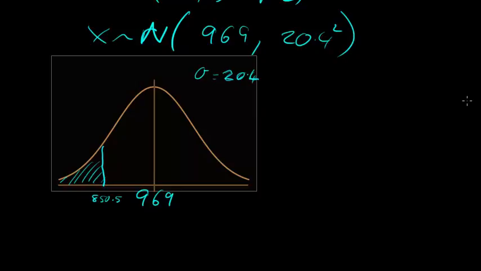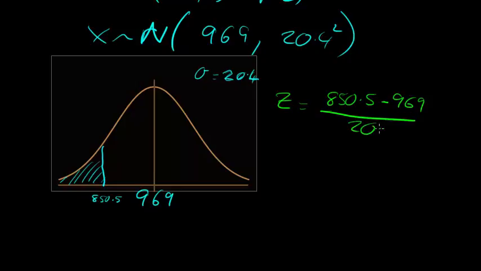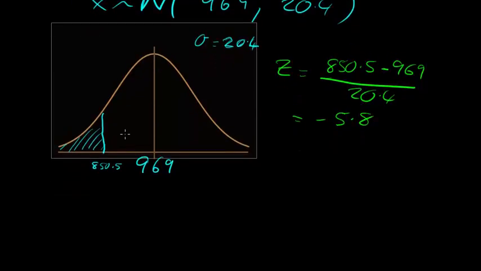Now, finding that area means I need to go into standardized scores. So my standardized score is 850.5 minus 969, divided by the standard deviation of 20.4, and that comes out to be minus 5.8. So I'm going to have to work out minus 5.8, which I'm not really sure we're going to be able to do. If that's minus 5.8, that's 0, that's 5.8.